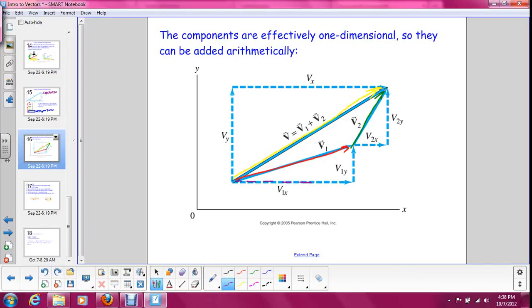So this is the x component of v1, and this is the y component of v1. And we are going to add that to the x component of v2 and the y component of v2. So you literally take this and add it to this. So you end up getting this, which you can see right up here.